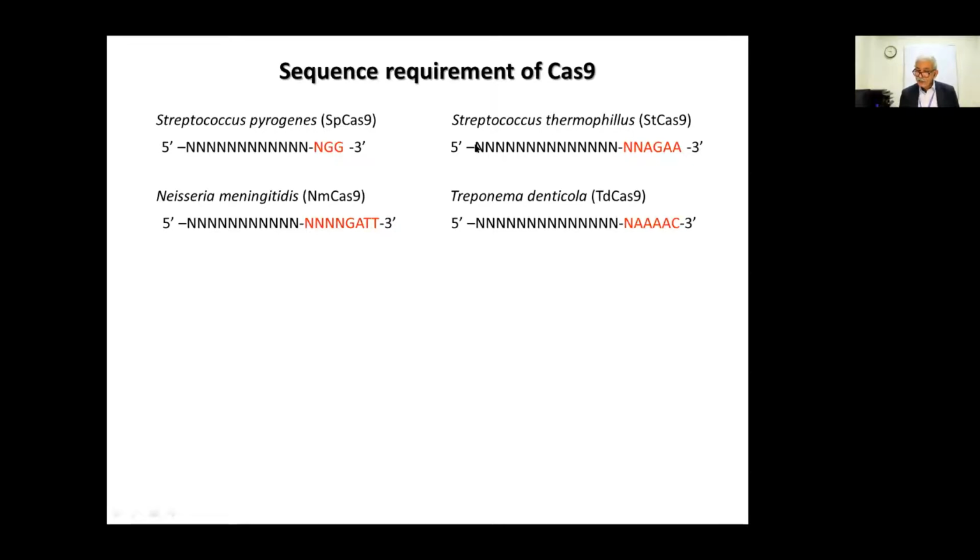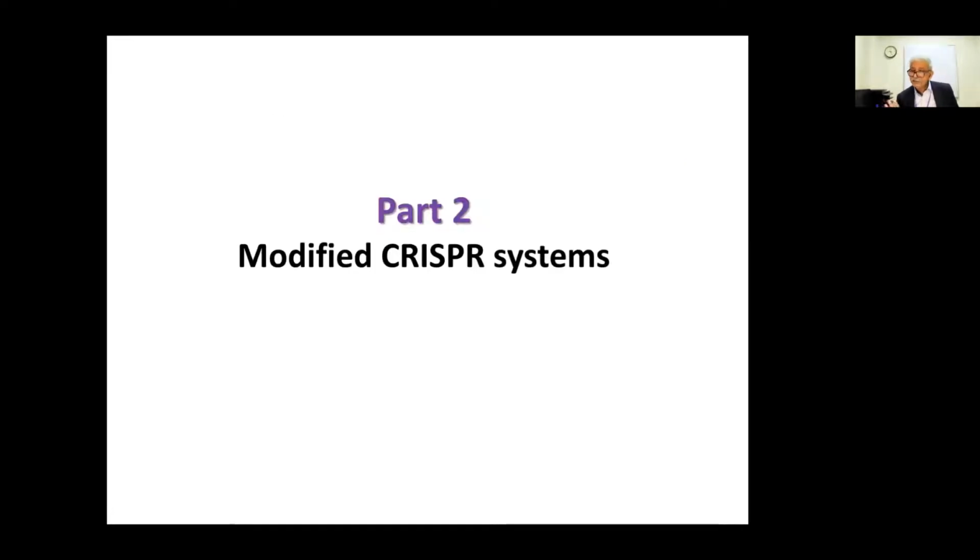So always look at what Cas9 your laboratory has got. Is it SP or the other one? These are mostly available around in the lab. And accordingly select the PAM site for making a protospacer.